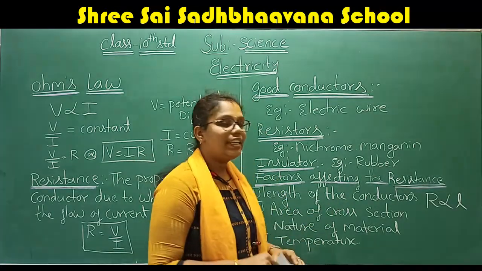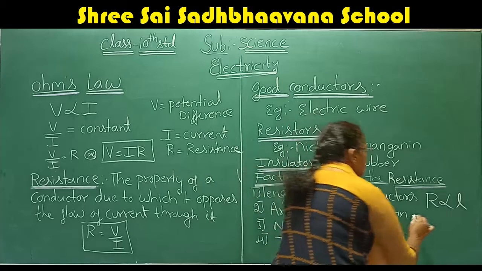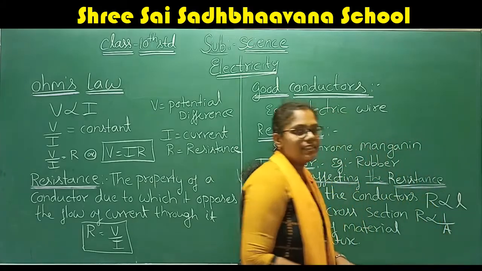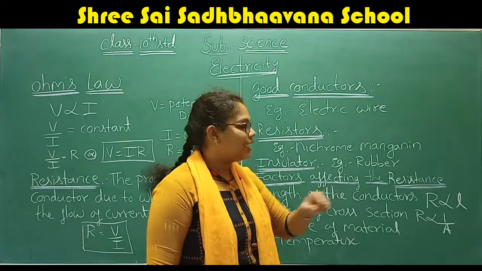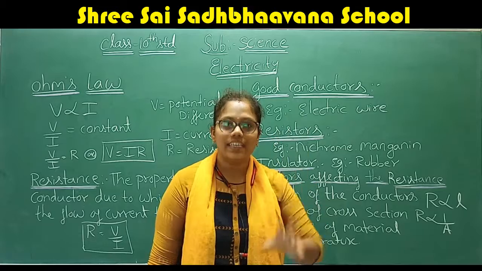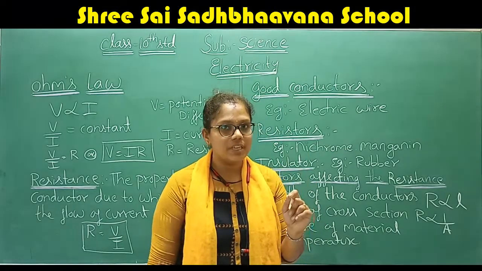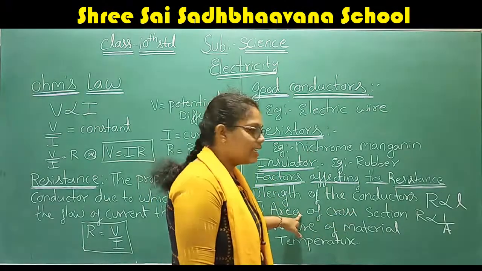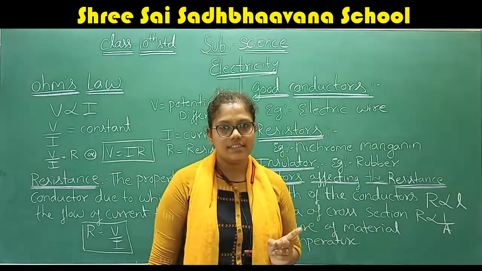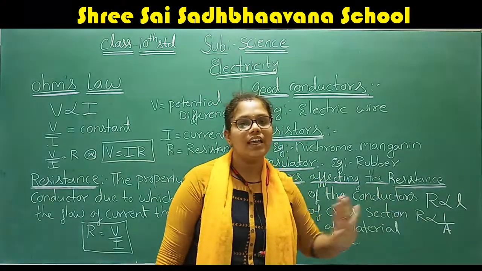Coming to the next one, the area of cross section. The resistance is inversely proportional to the area of cross section. If the area of cross section increases, resistance decreases. If area decreases, resistance increases.